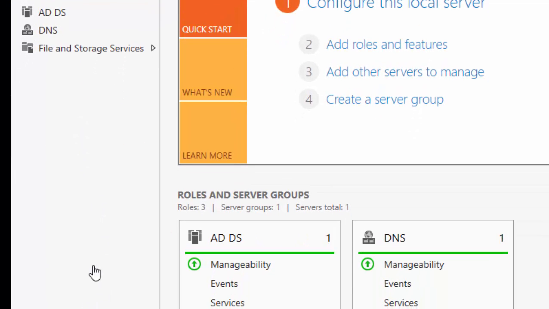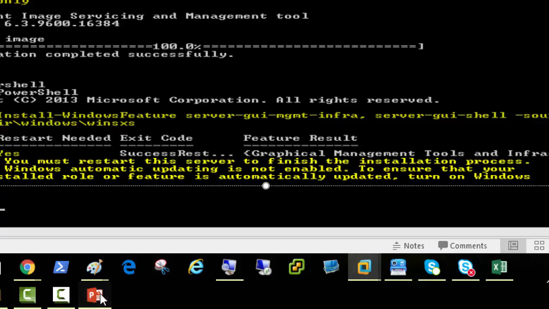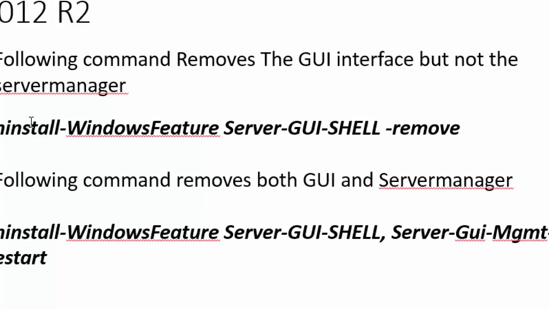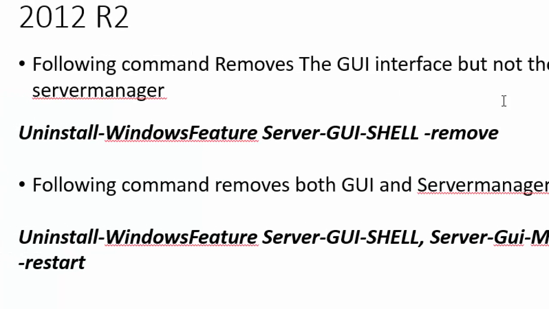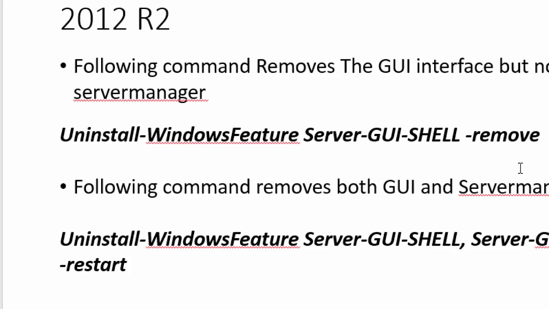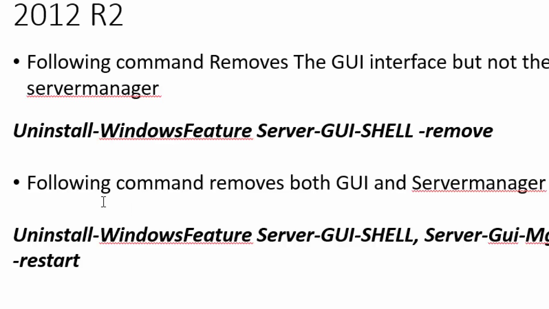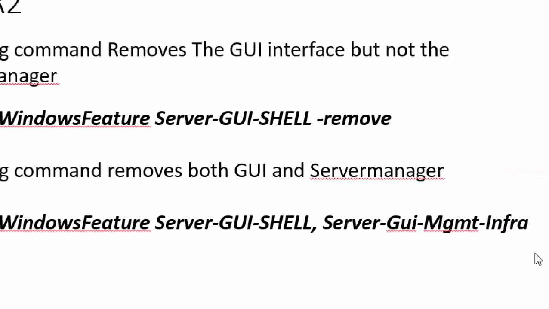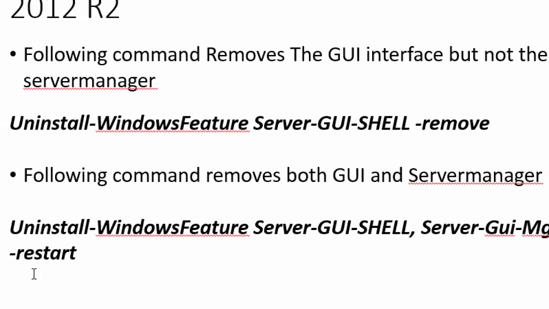So the next commands after you have successfully installed Replica DC are these. The following command removes the GUI interface but not the server manager: Uninstall-WindowsFeature Server-Gui-Shell -Remove. And the following command removes both GUI and server manager: Uninstall-WindowsFeature Server-Gui-Shell, Server-Gui-Mgmt-Infra -Restart.